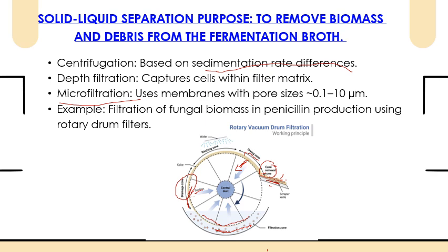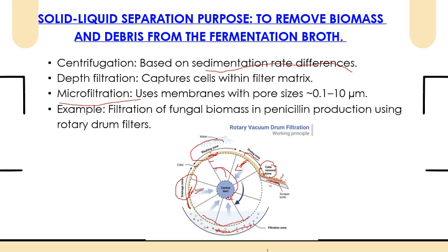Then we have a washing zone. In that washing zone, which we also call backwashing, the filter media is cleaned to remove the residuals and also maintain the porosity of the membrane or the cloth we have over here. So how does this work? The principle of this rotary drum is continuous rotation. You can see that we have an arrow here showing the rotation.